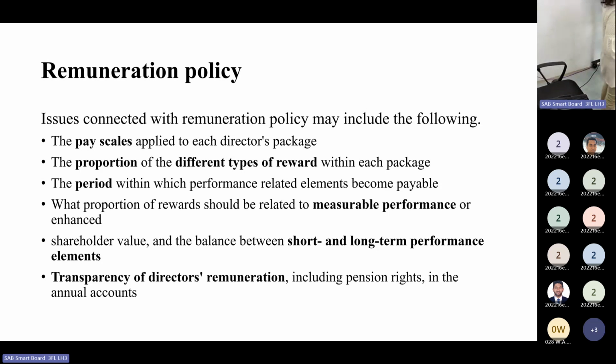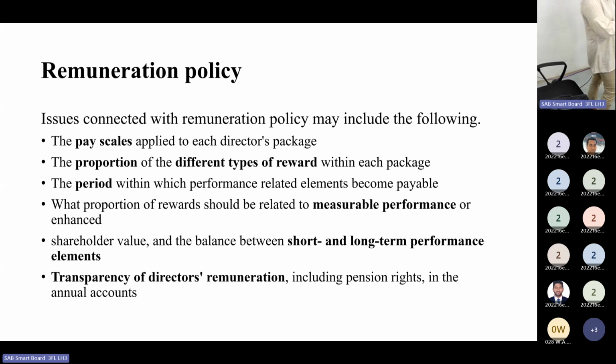Right? So the main elements: remuneration package pay scale, what are the different proportion of different rewards in the package, period between which performance related elements become payable, and the performance related pay. If you are evaluating performance every 6 months, there are performance related payments every 6 months.